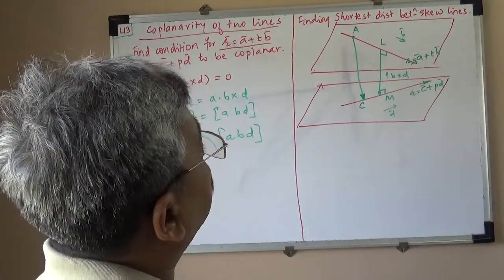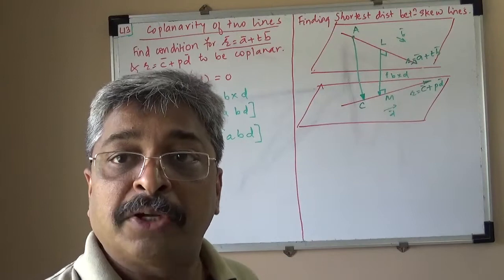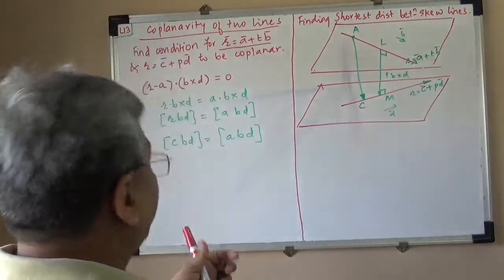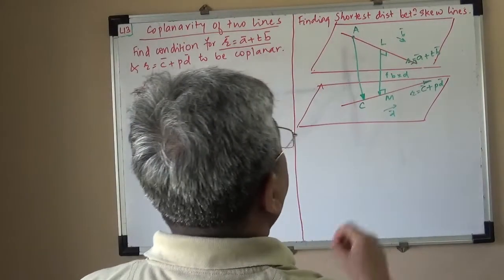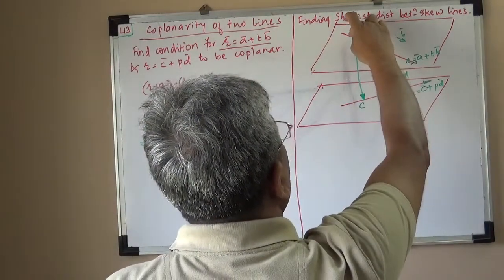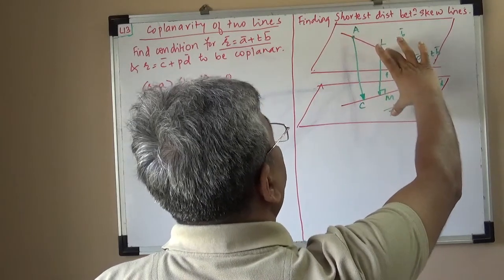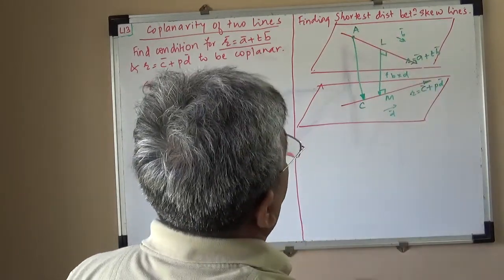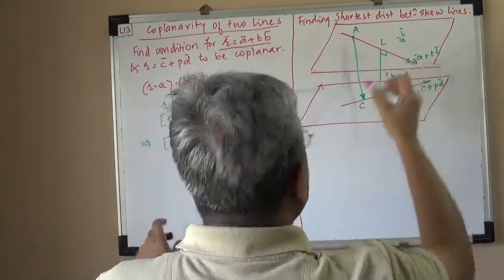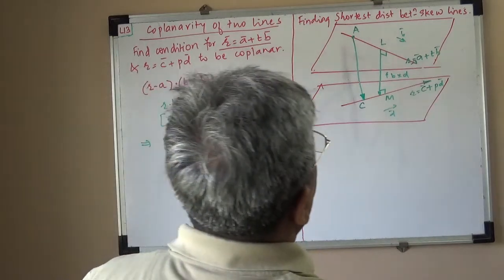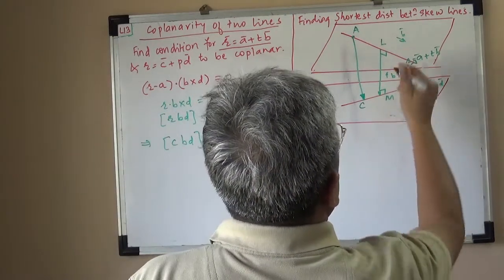So LM is along B cross D. That is what we have already seen. So now the mechanism that we are going to use here is, suppose we shift this particular vector keeping it parallel, and make A and L coincident, then what will happen?